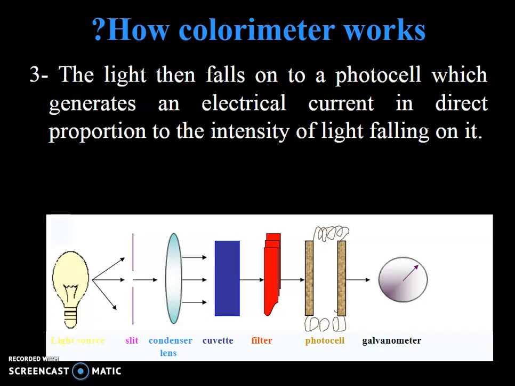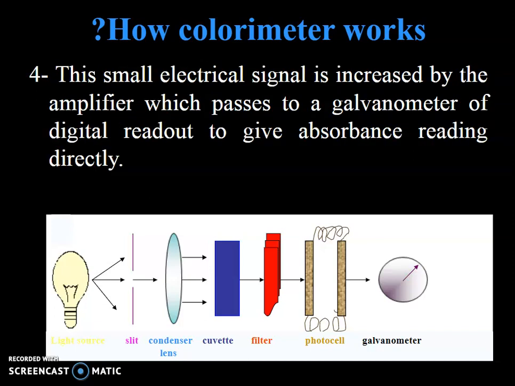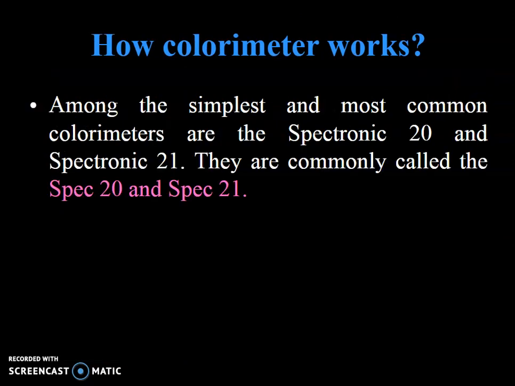Now friend, how does a colorimeter work? The light then falls onto a photocell, which generates an electrical current in direct proportion to the intensity of light falling on it. The small electrical signal is increased by the amplifier, which passes it to a galvanometer or digital readout to give the absorbance reading directly.